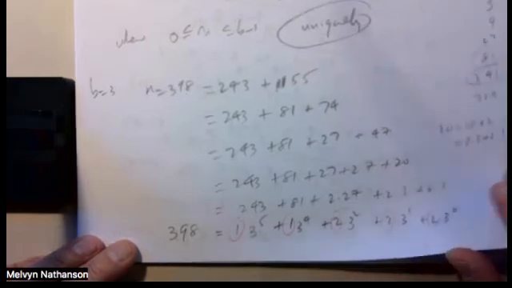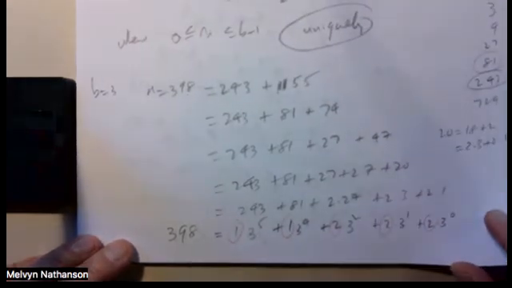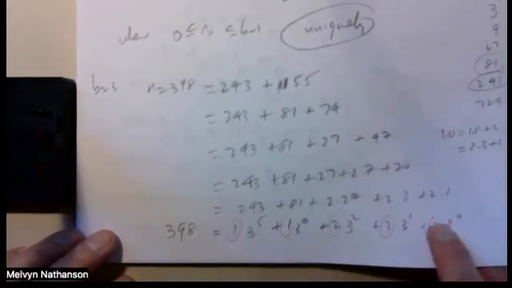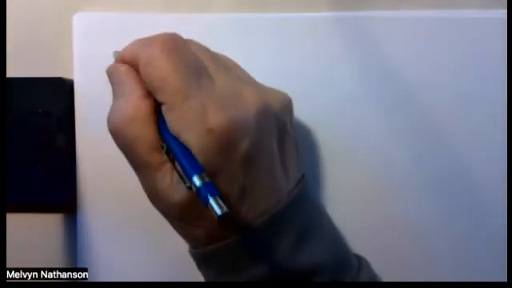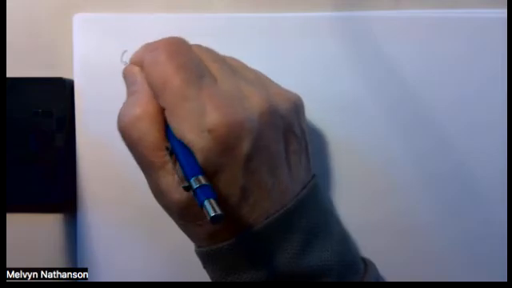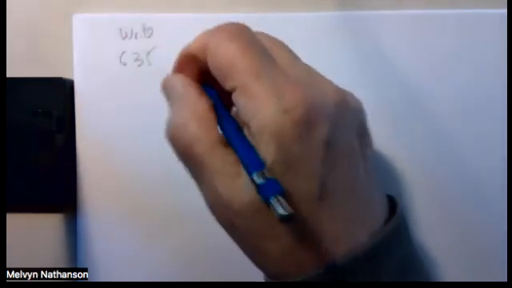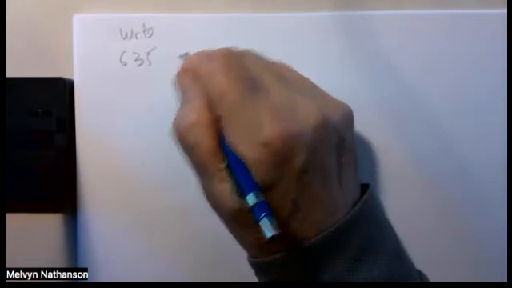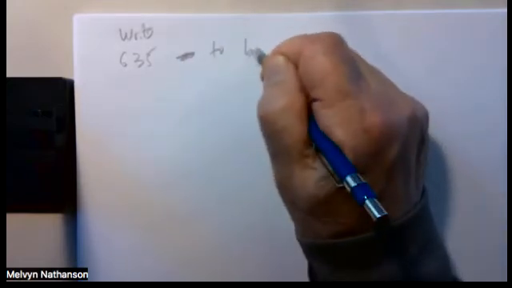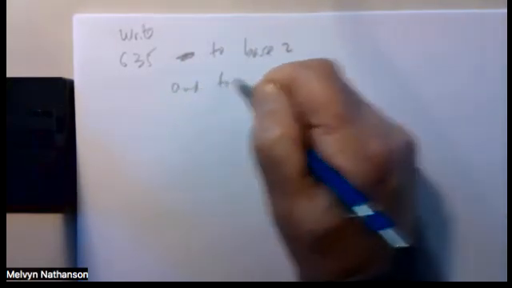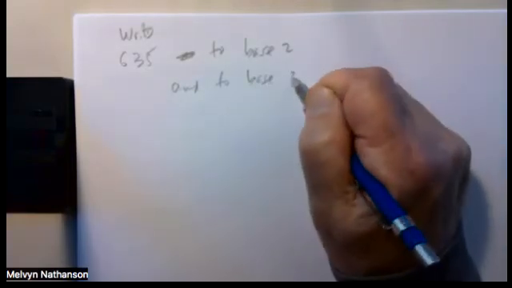So this is a nice, very concrete problem. Maybe right now, for a minute or two, an exercise is to take a random number, I don't know, 635. Write 635 to base 2 and to base 3.